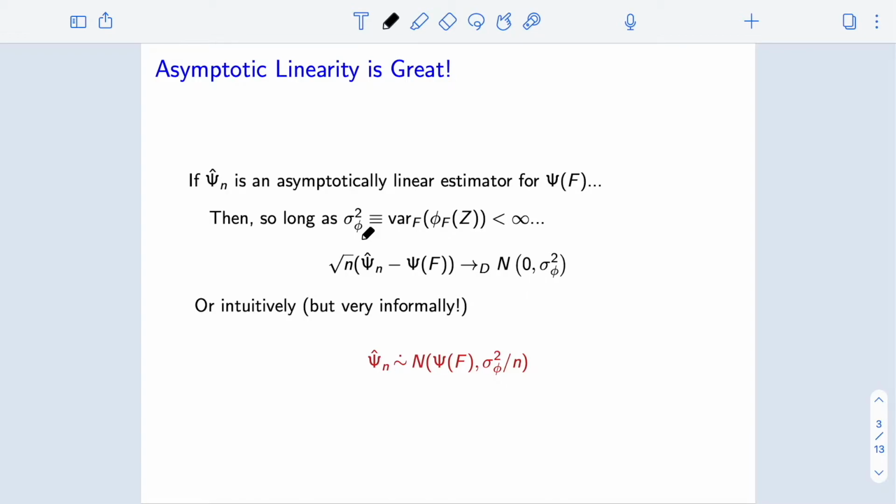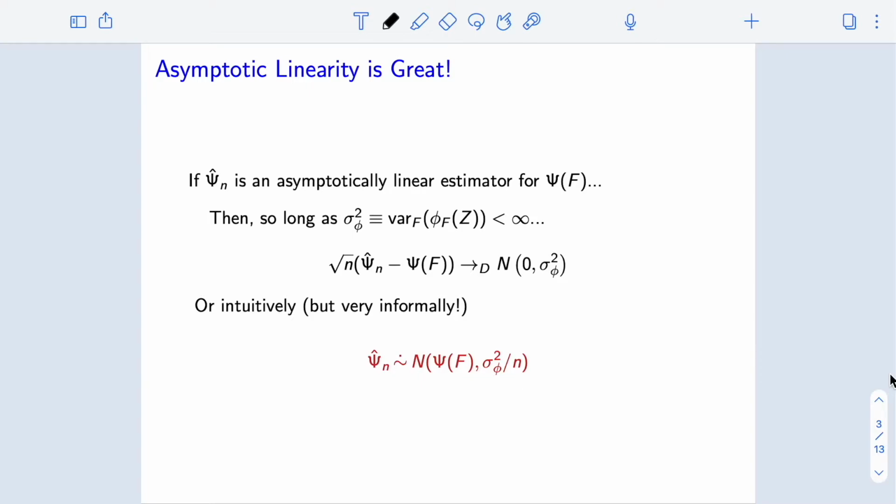And again, this is a formal way of writing things. Intuitively, we might think of this as psi hat n being roughly normally distributed with mean psi, the true parameter, and variance that looks like the variance of the influence function divided by the number of observations. Again, this is informal, but very good for intuition.